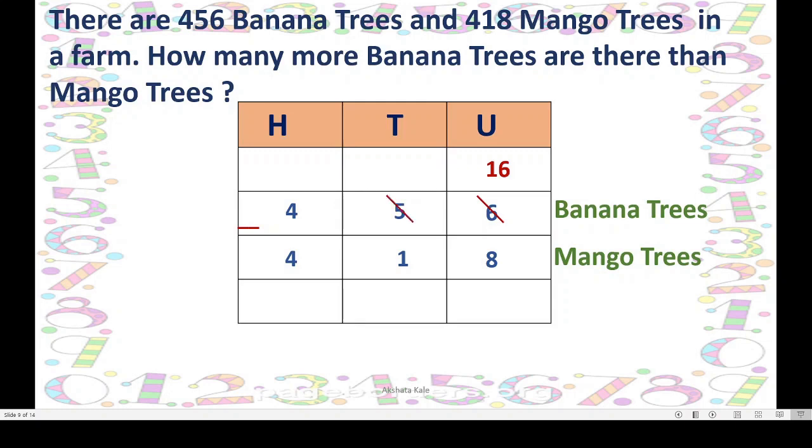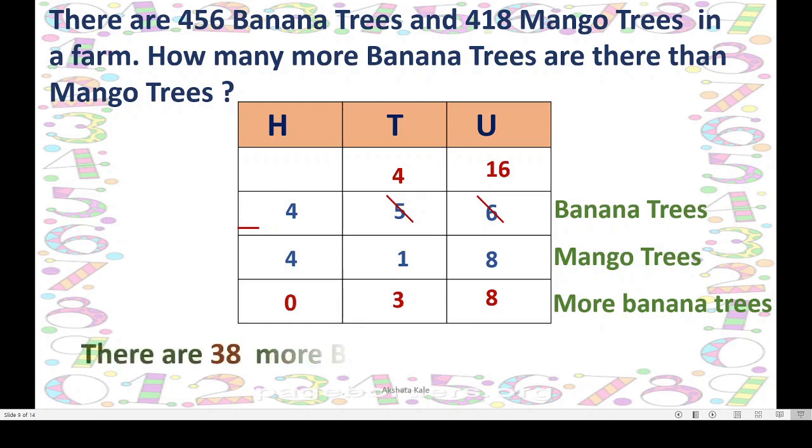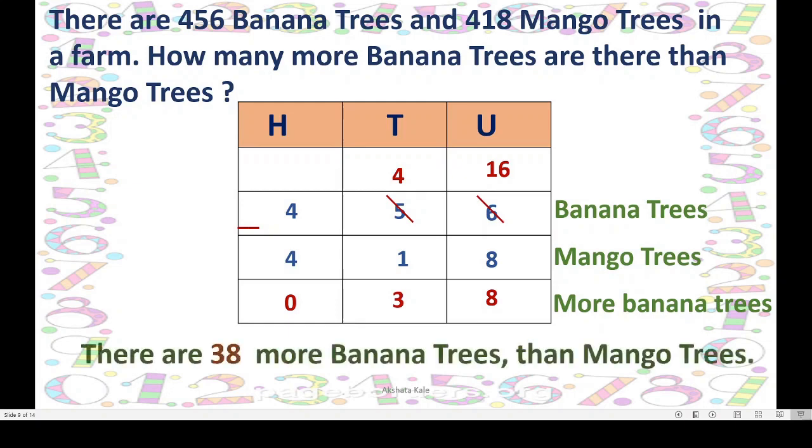And 5 becomes 4. 16 minus 8 is nothing but 8. 4 minus 1 is equal to 3. And here 400 minus 400, that is 0. Yes, dear children, 38 more banana trees are there compared to mango trees. Isn't it? We will write answer like this. There are 38 more banana trees than mango trees.